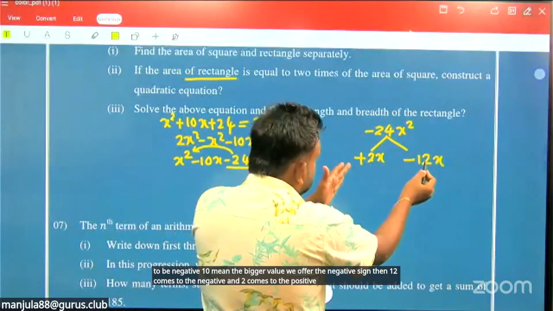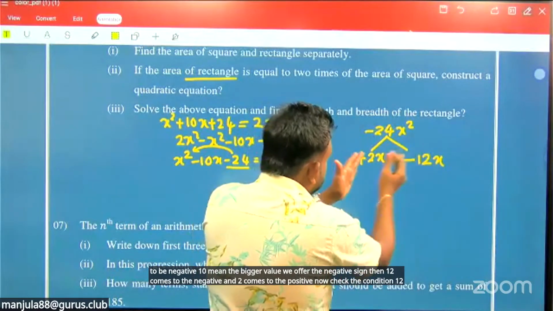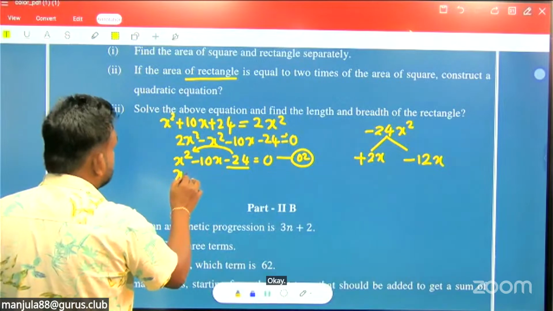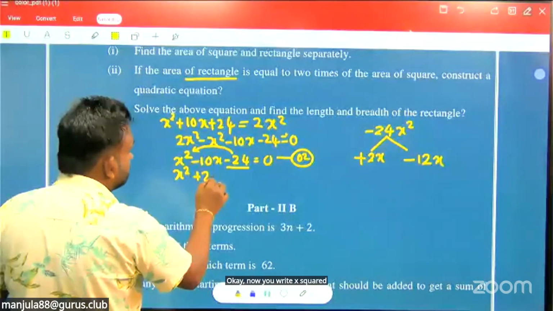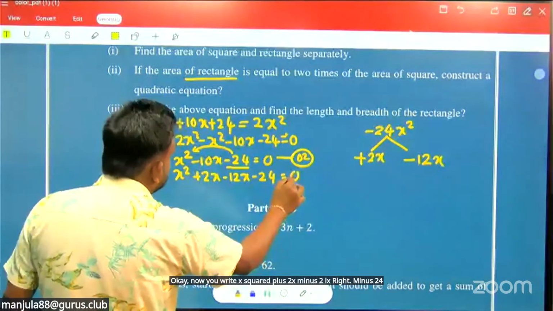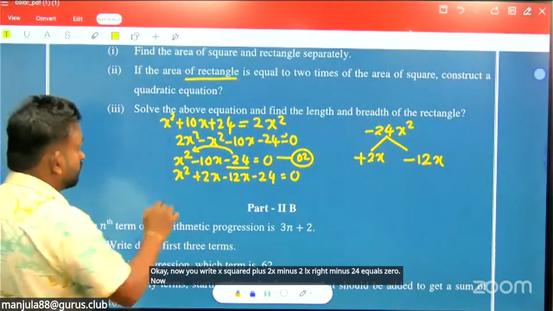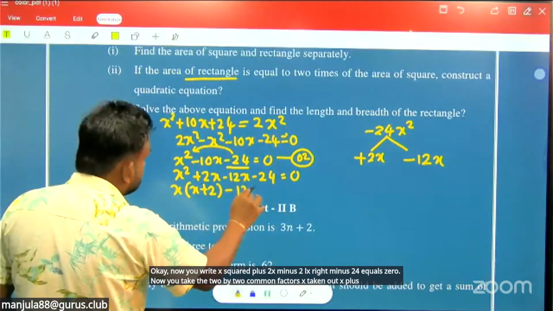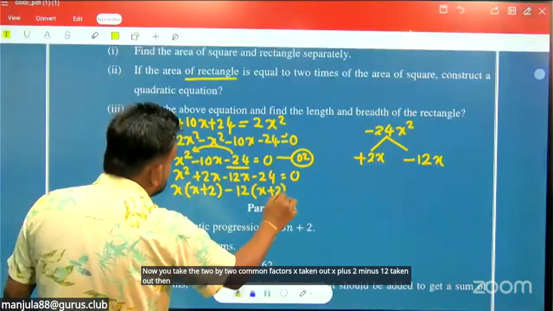Now check the condition: 12 into 2 is 24, and when you add, negative 10x builds up. Now you write x squared plus 2x minus 12x minus 24 equals 0. Now take common factors: x taken out, x plus 2, minus 12 taken out, x plus 2 equals 0.